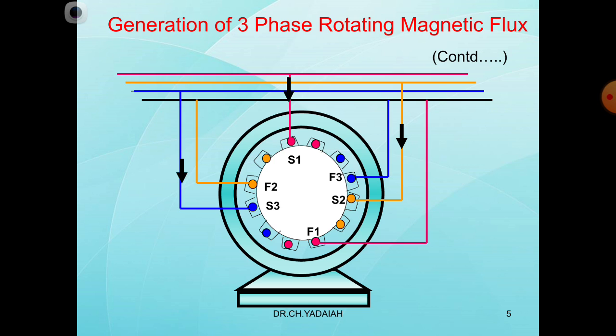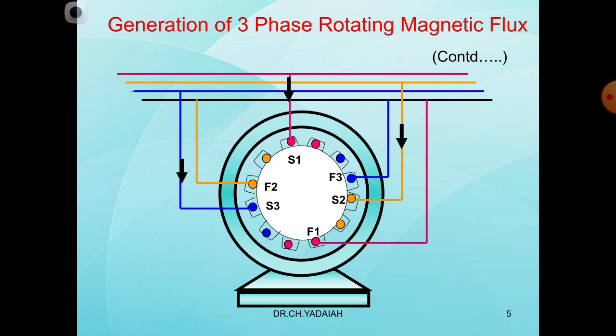Actually, this synchronous motor is connected in delta or star initially. Generally it is connected in delta. So it is connected between the R phase and Y phase, Y phase and B phase, B phase and R phase, which are the line voltages. Here, for analysis and easy understanding, each phase is separately connected between phase and neutral.